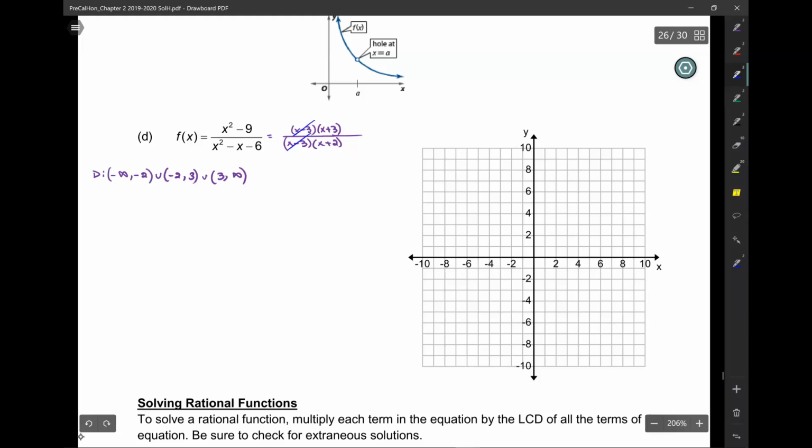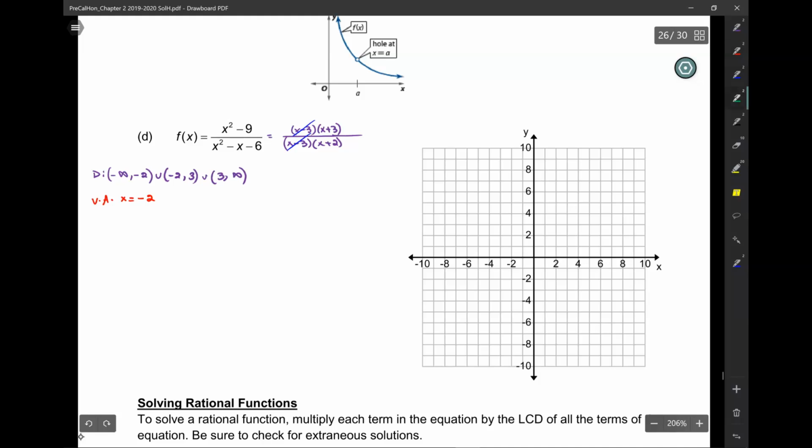Now, these things will go away. So my vertical asymptote is just x equals -2. Okay? Because the 3 will give us a removable discontinuity.